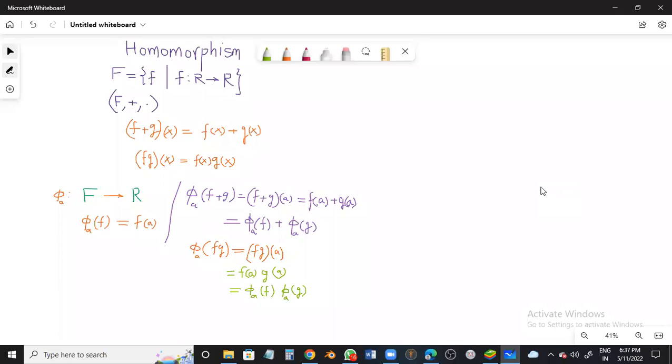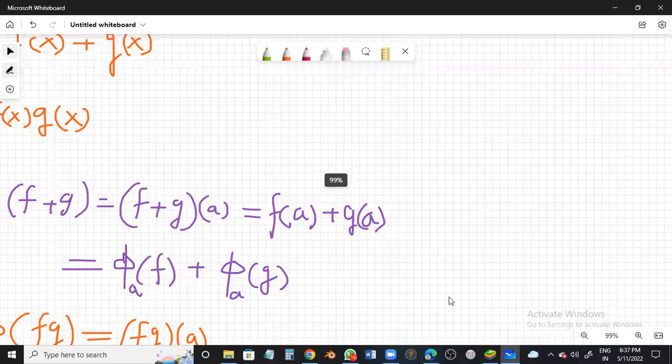What you need to do is show that addition gets preserved under this map and multiplication is also preserved. Hope you have taken the screenshot of this. Ready for the next?